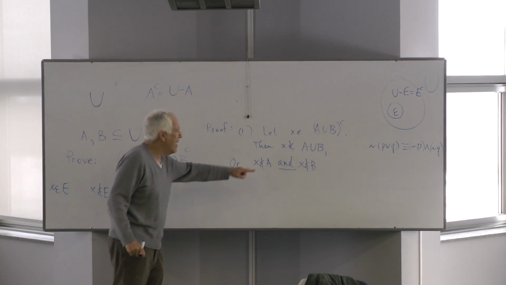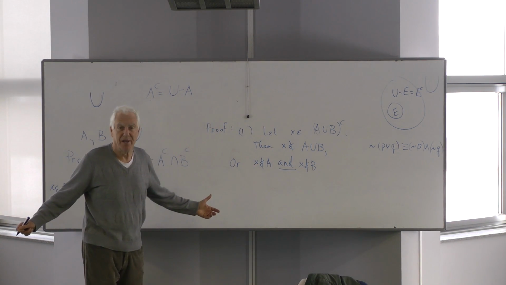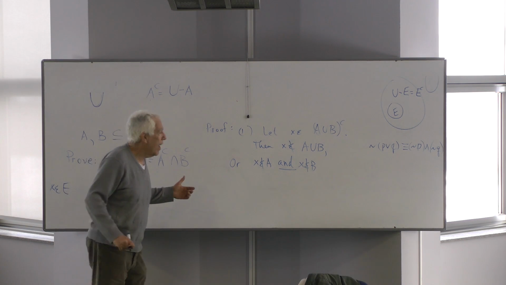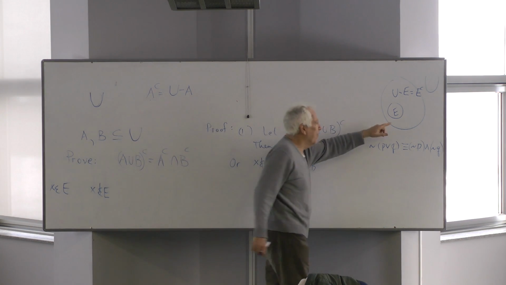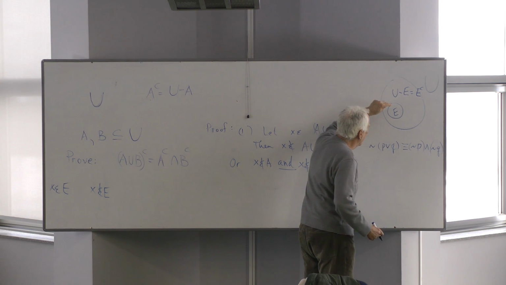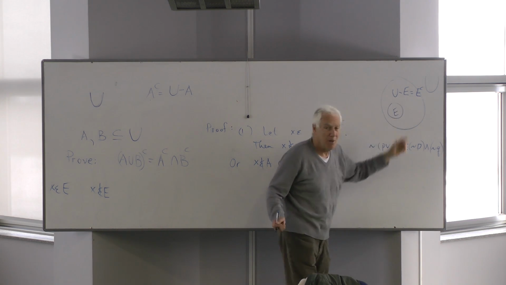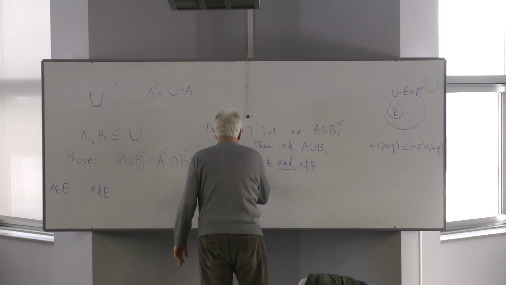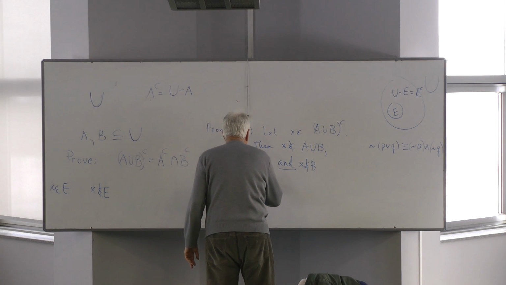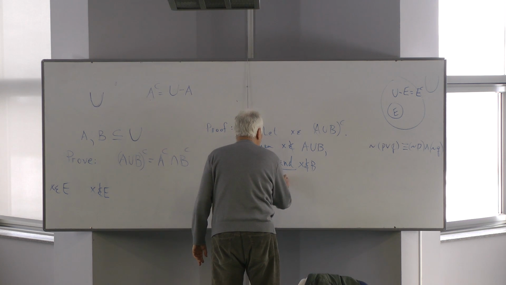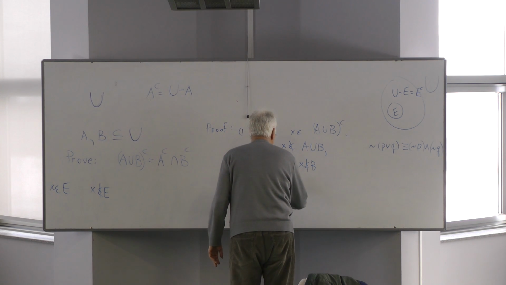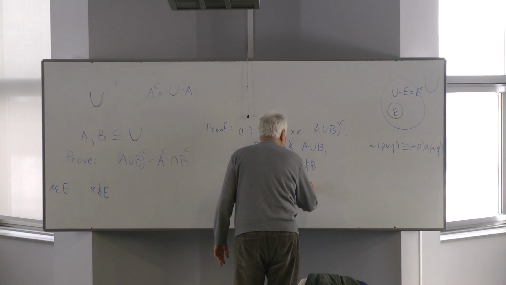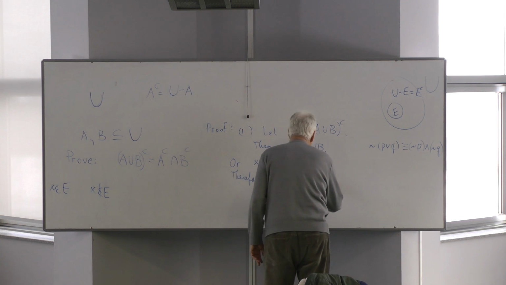Now, if X is not in A, it's in the complement. Correct? If this is your universe, every element is either in the set or in the complement, right? So if you're not in the set, therefore, I'm running out of words, or hence, therefore, X is in the A complement, and, again, and, X is in B complement.